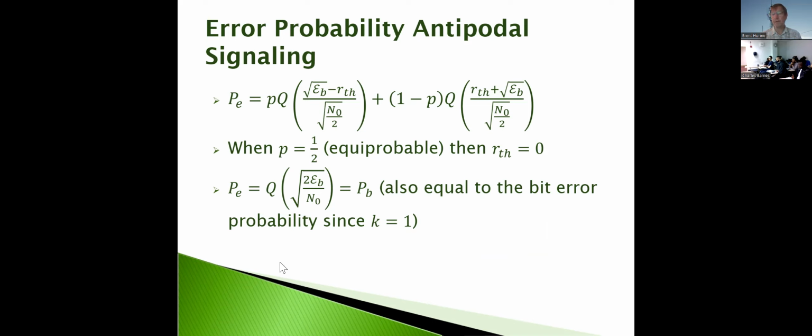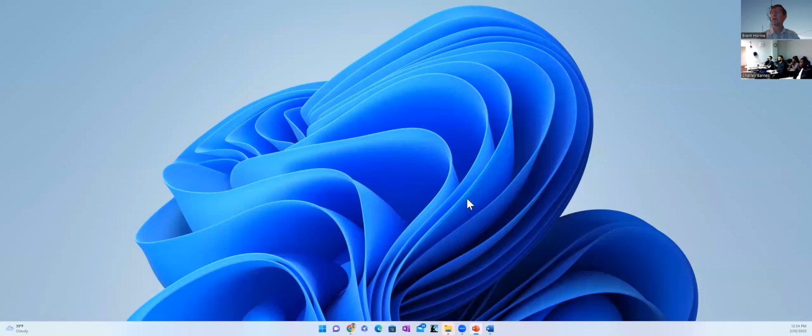signaling schemes, right? Other levels of Comm or QPSK or that type of thing. And we can go through this same exercise. It's more complex signaling, so it's going to be a more complex exercise, but we'll do that same thing, and then we'll compare them.